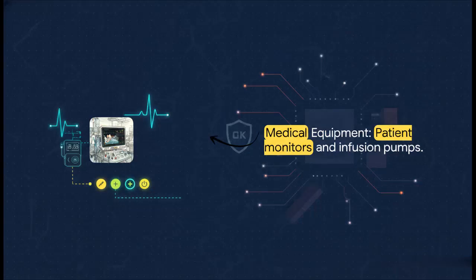These embedded system interfaces are even trusted in highly critical medical equipment, like patient monitors and infusion pumps. In those kinds of life or death environments, the GUI design logic must be absolutely flawless. The buttons need to be clear, the visual feedback must be immediate, and the underlying microcontroller must process that interrupt with absolute, unwavering reliability. It's really a testament to just how robust this combination of SPI displays and targeted microcontrollers is.